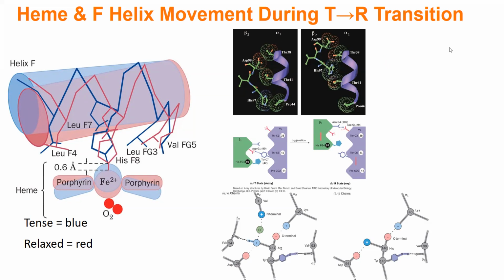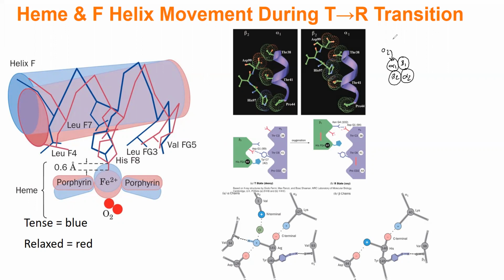And hemoglobin has 4 different subunits. Alpha 1, beta 1, beta 2, alpha 2. So that's one protein made out of 4 different subunits. And each subunit can bind oxygen.